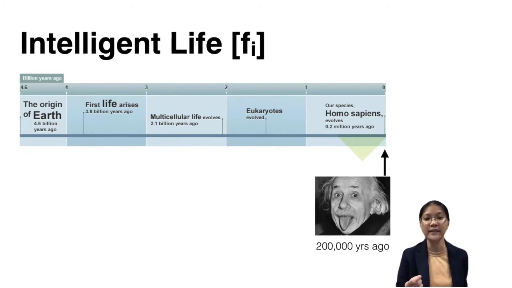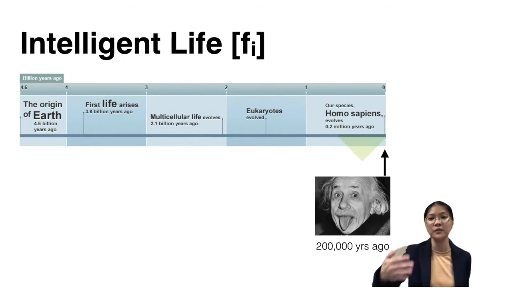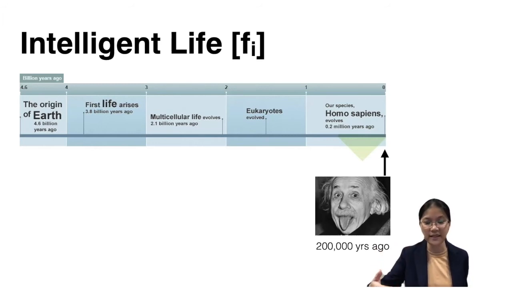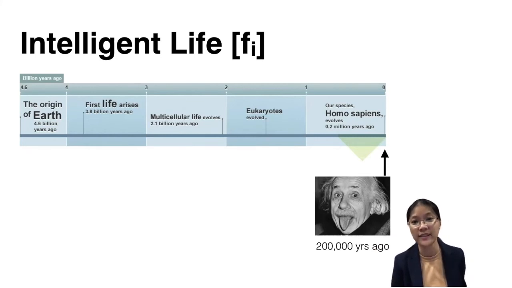So 3.8 billion years forward, that evolved to more complex creatures, and eventually we, Homo sapiens, our species, show up just 200,000 years ago. So one way to think about this is by the analogy of the cosmic calendar.